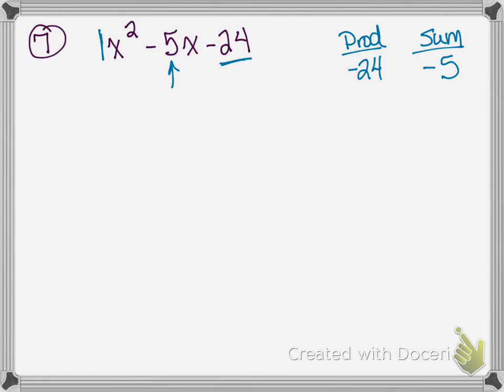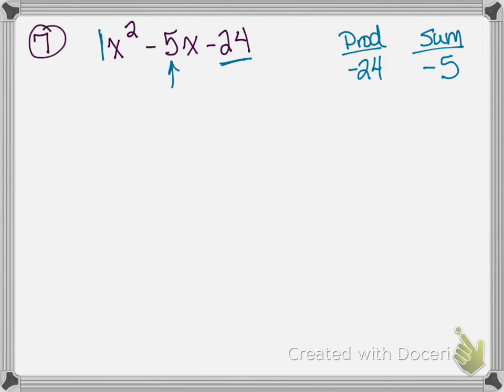Okay, because I have a positive product, I do not have a positive product, I'm sorry. Because I have a negative product, what kind of numbers am I looking for? What type of number will give me a negative product? Same signs or different signs? Different signs, okay?